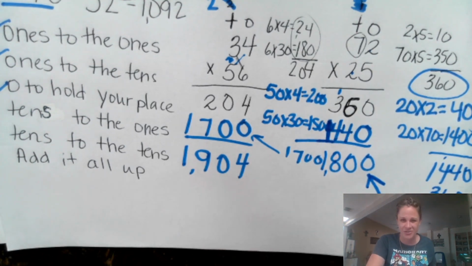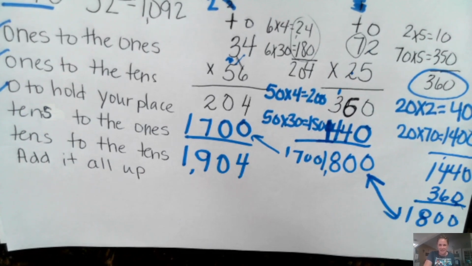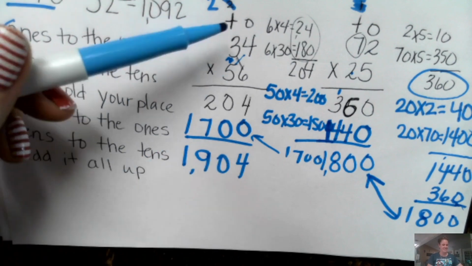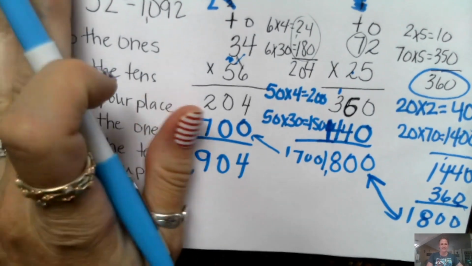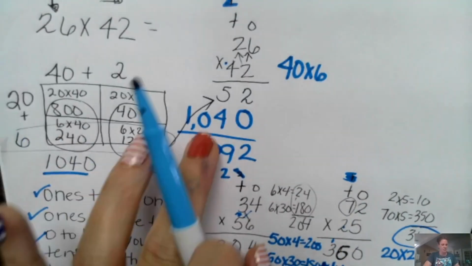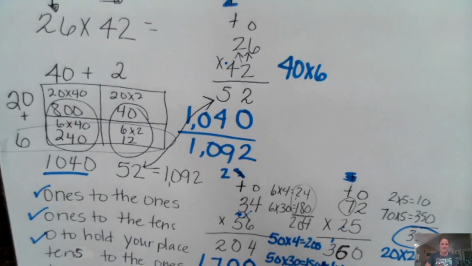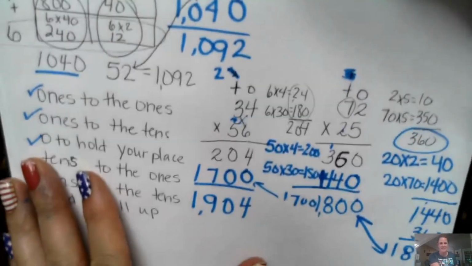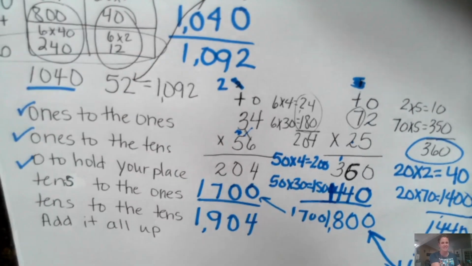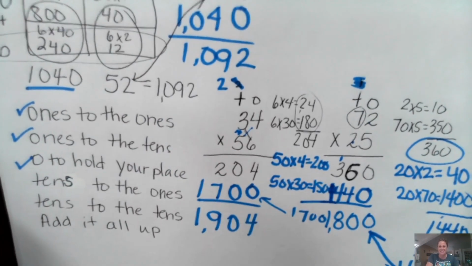Let me take my picture away a little bit so you can see. So you see that they match up. Okay, so this is a 2 by 2, and this is using our partial product to check our 2 by 2. So when you're ready for the 2 by 2 algorithm, here we go. And here's great ways to check it to make sure you did it right. You got this.